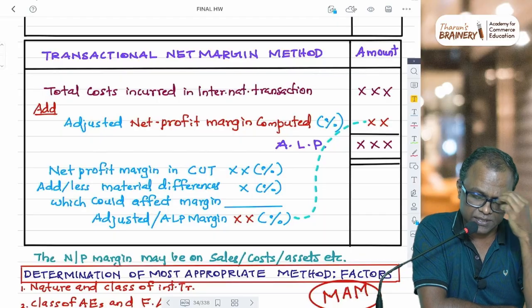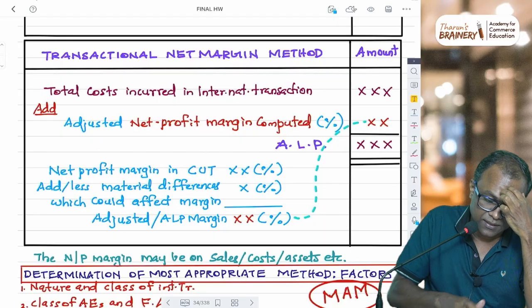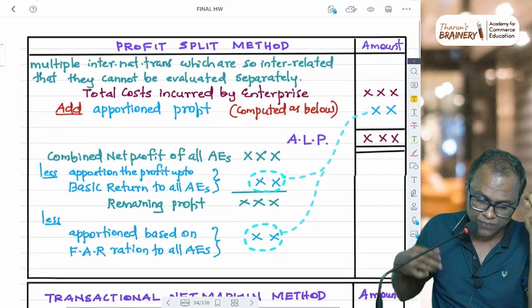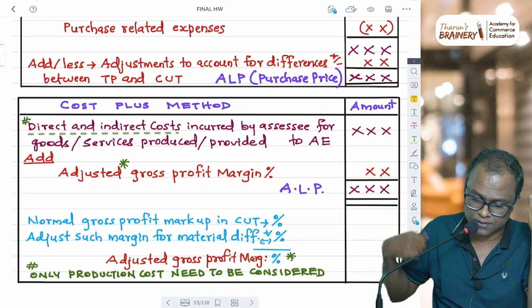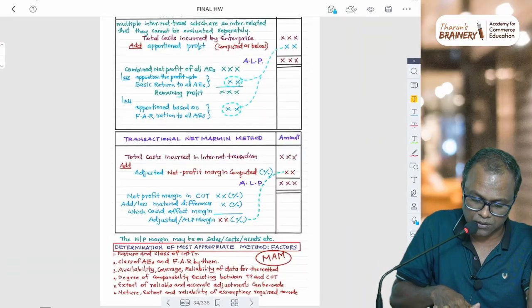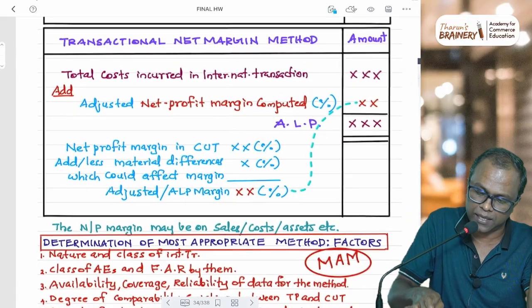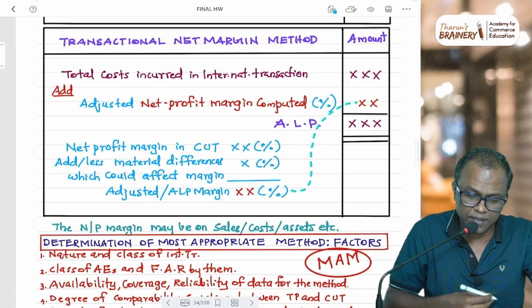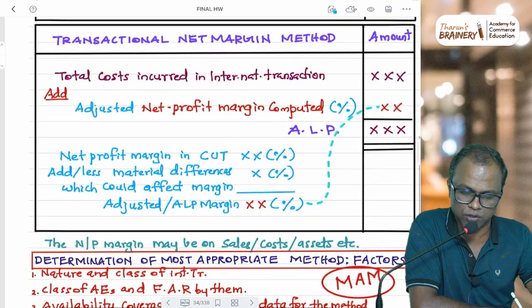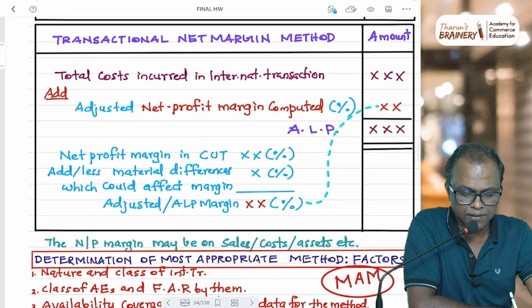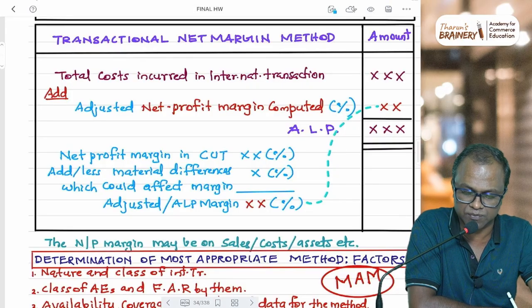So the first step is the same: total cost incurred. See, here in the earlier method the words were direct and indirect cost, but when it comes to net profit, total cost, all direct costs and even all indirect costs, any indirect expense related to the goods or services exported to the non-resident, should be considered. Total cost incurred in the international transaction with the AE.